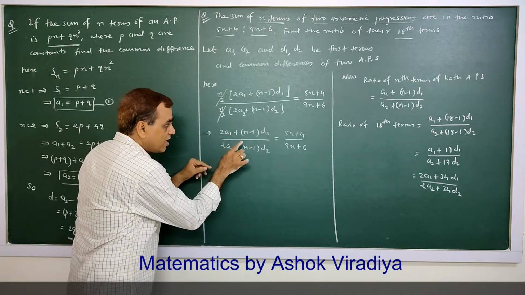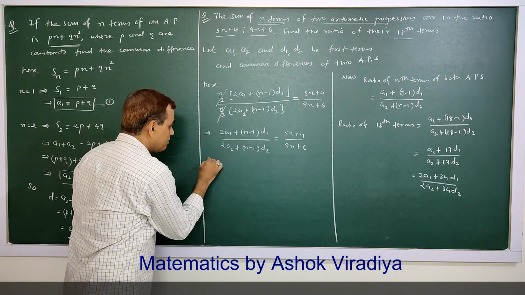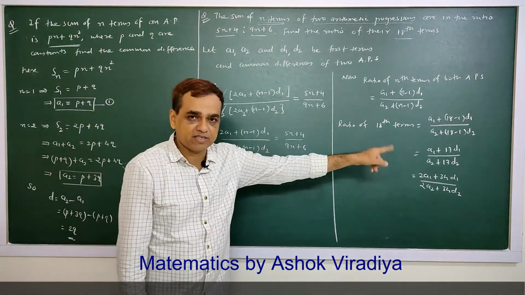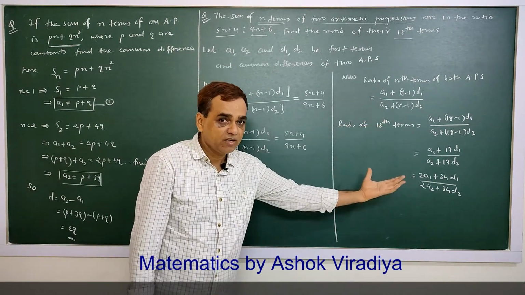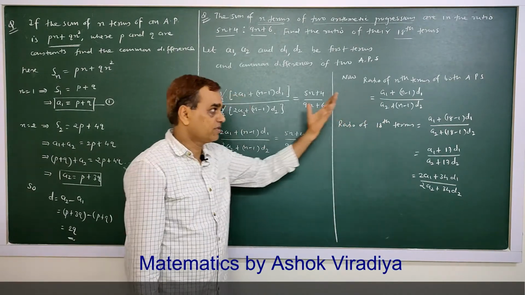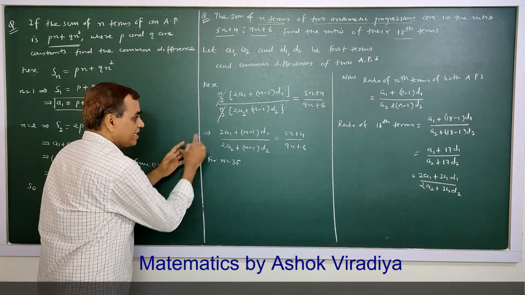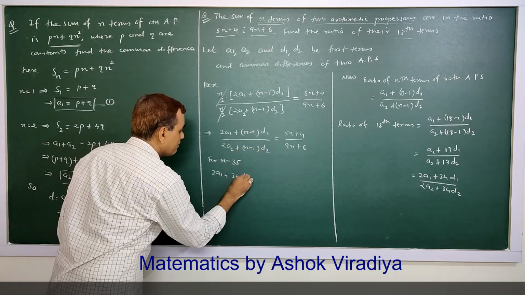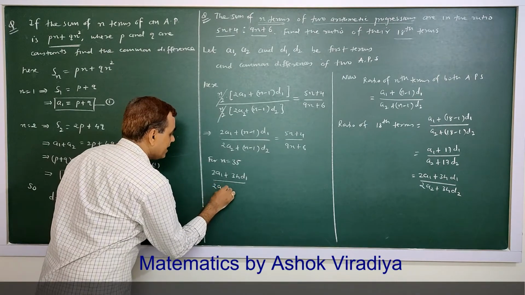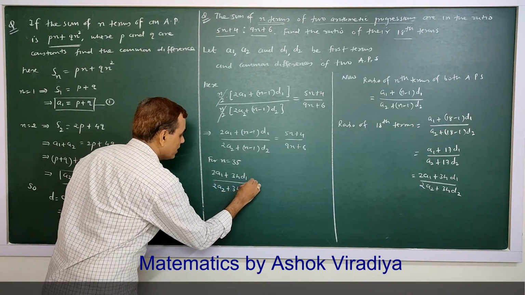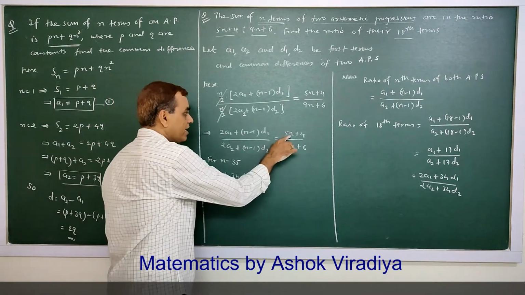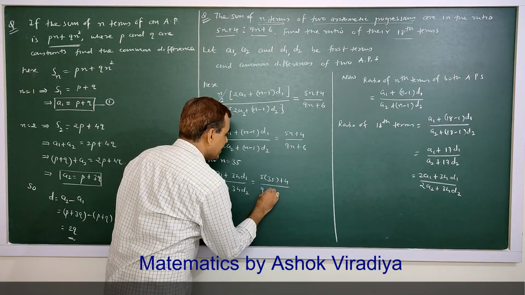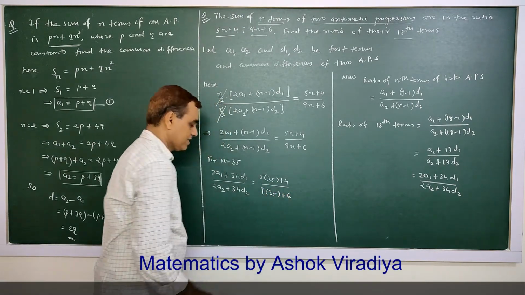So what we do, I am putting n equal to 35. So for n equal to 35, idea can be obtained from requirement. You have to think what we need to find, value of ratio of 18th terms. So therefore for n equal to 35, 2A1 plus 35 minus 1, 34 D1 upon 2 times A2 plus 34 D2 is equal to, putting here 35, 5 into 35 plus 4 upon 9 into 35 plus 6.